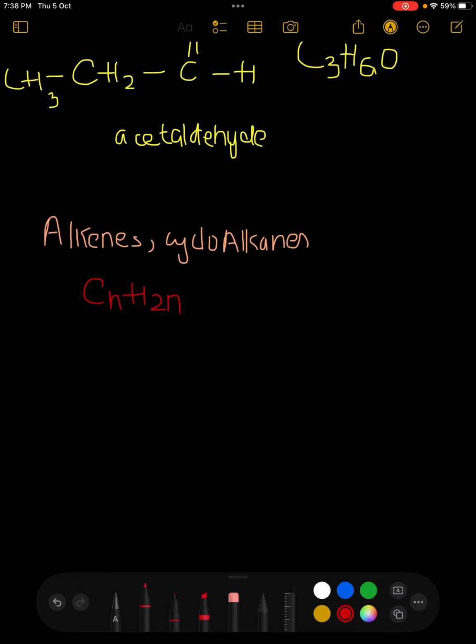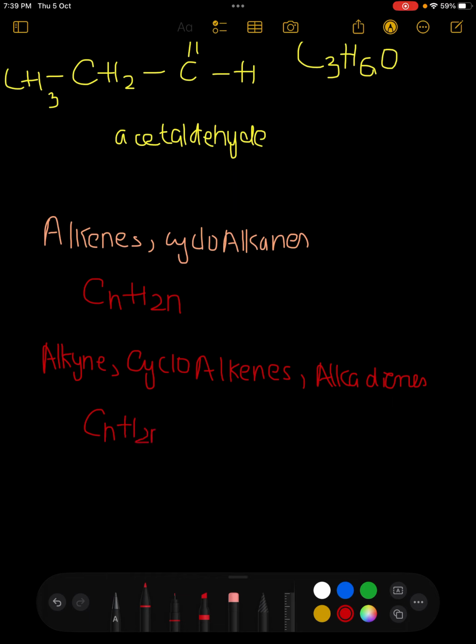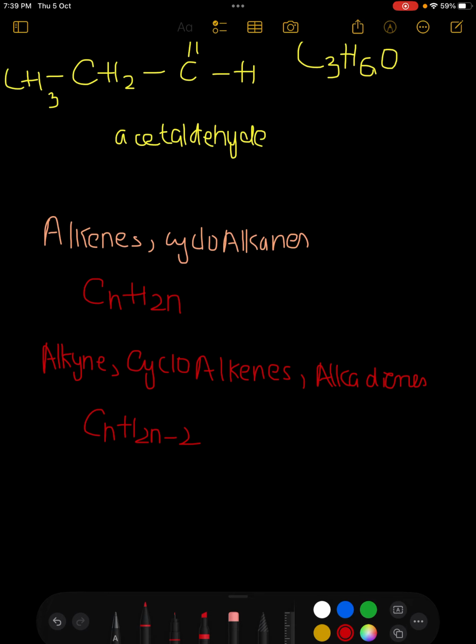But if we talk about alkyne, cycloalkene and alkadiene, their formula will be CnH2n minus 2, and these three will show functional isomerism.